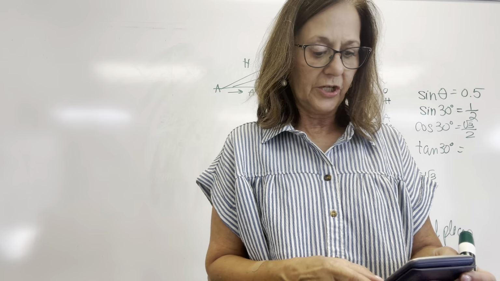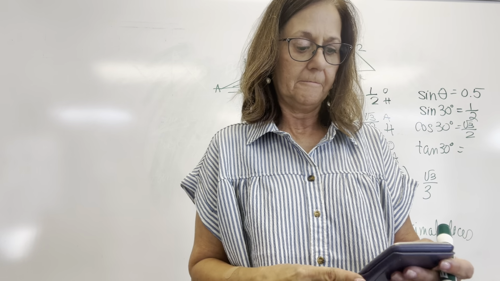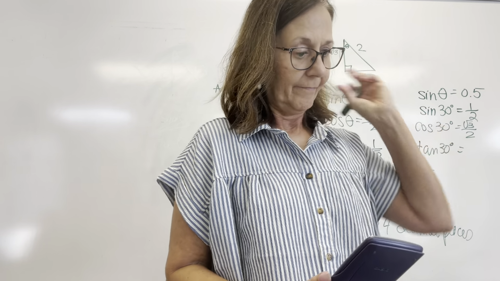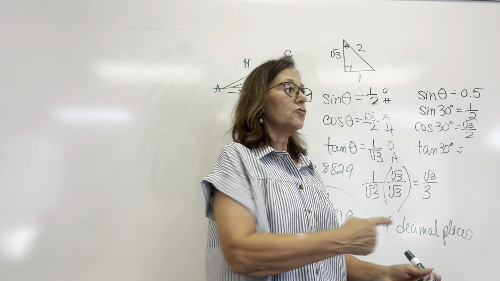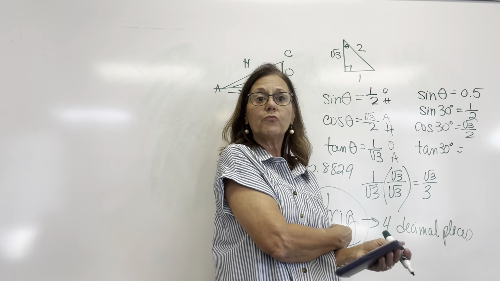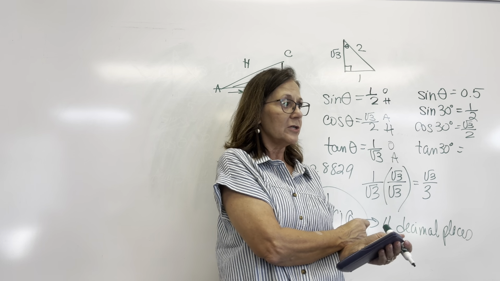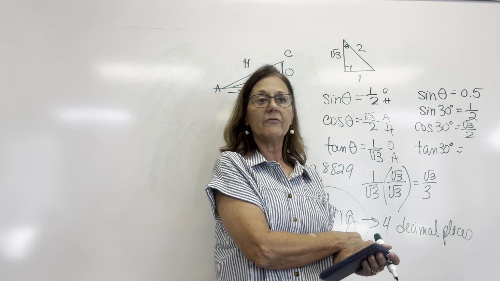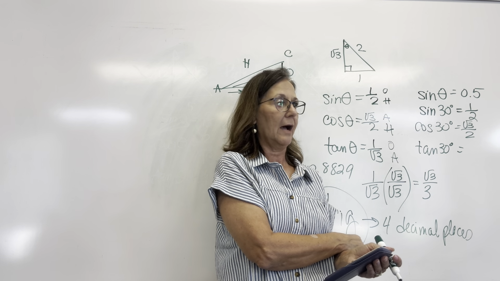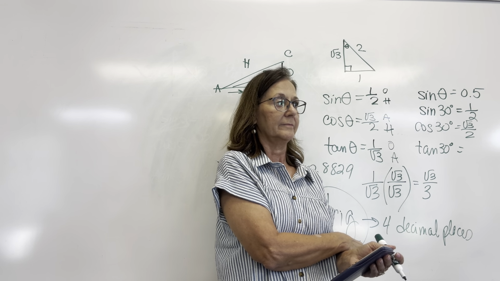Clyde, what's the cosine of 60 degrees? 1/2. Okay, in trig, if I can write it as a ratio of numbers, I write it as a ratio of numbers. I would write 1/2. I would never write 0.5 in trig. I would write 1/2. Got it?